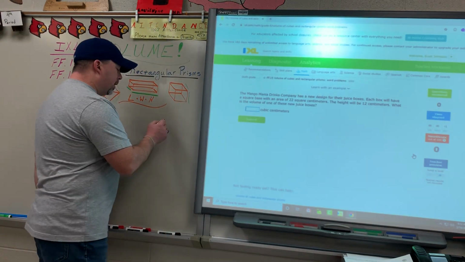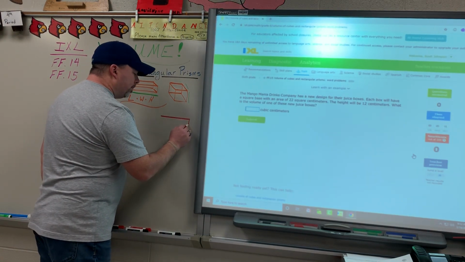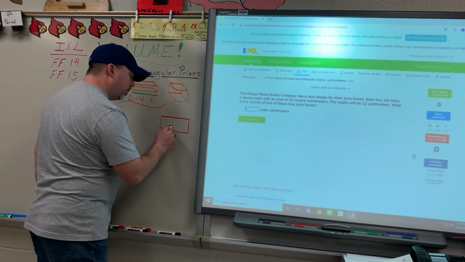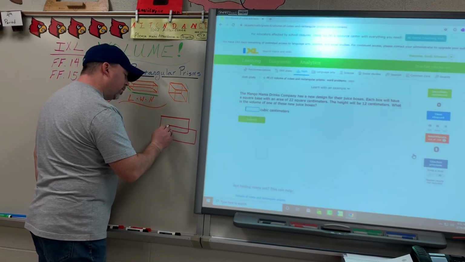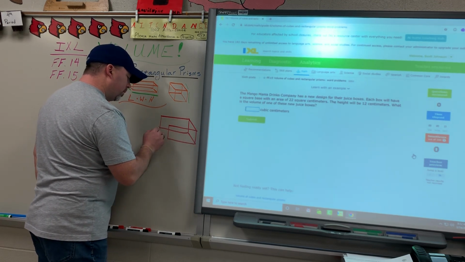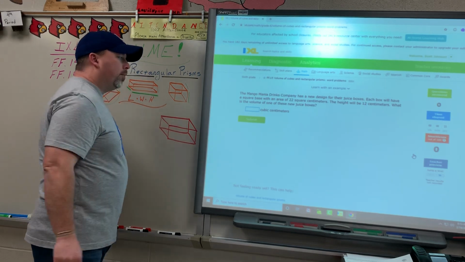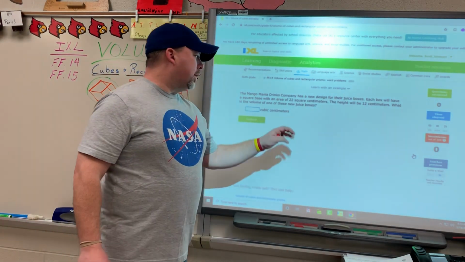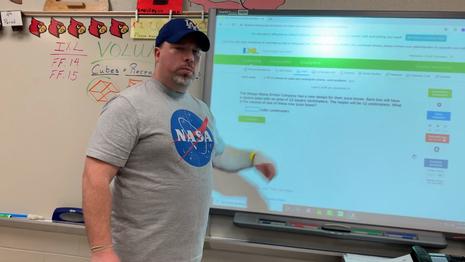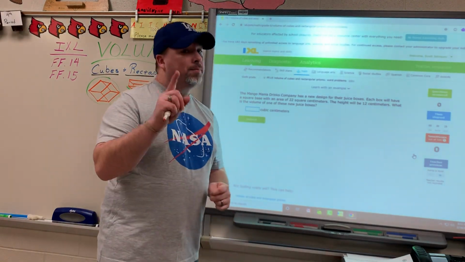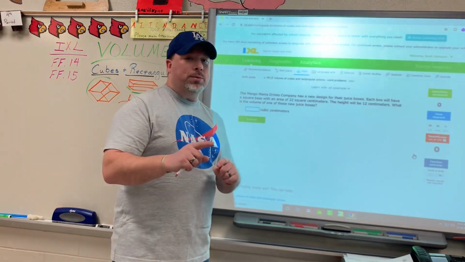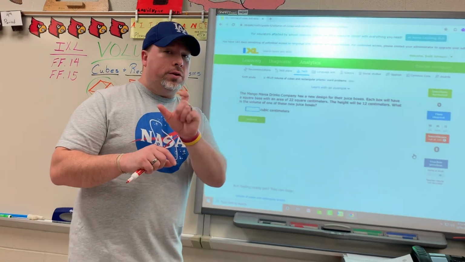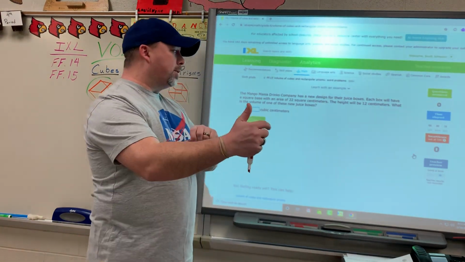Each box will have a square base with an area of 22 square centimeters. So in other words, here's this box. Now, they have told us that it's got an area of 22. But Johnson, we're talking about volume. Area, remember? Length times width. So they're telling us they're going to give us two things, and then we're going to figure out something else.